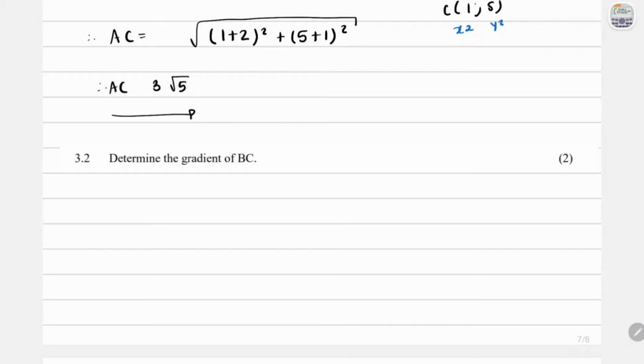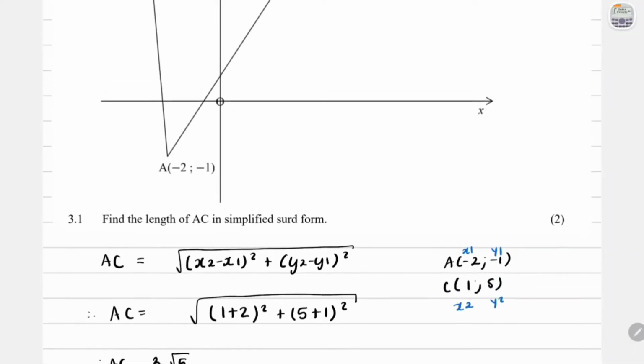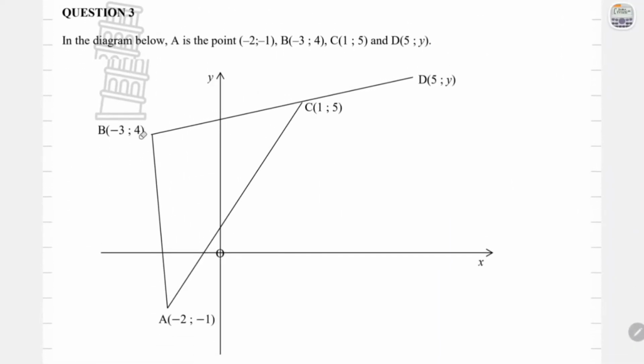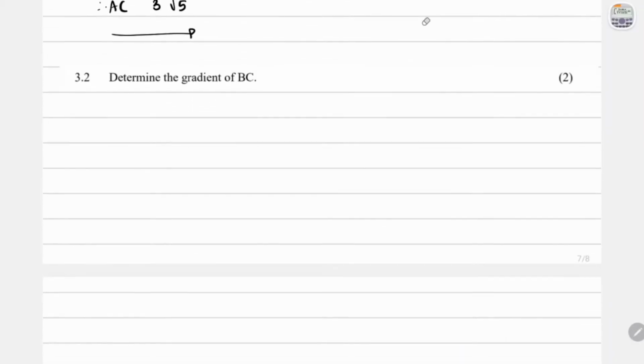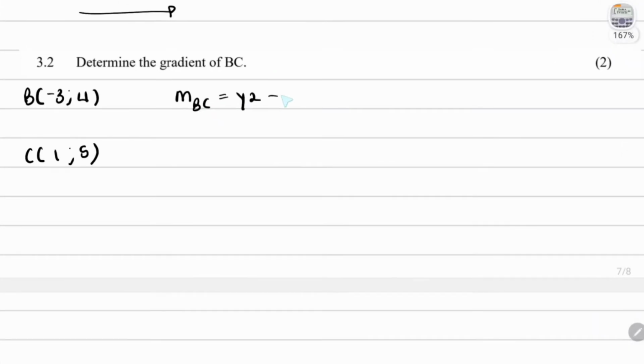The next question is to determine the gradient of BC. So BC is just B and C. We have the coordinates, so we can just put that down and then use the gradient formula on it. So we'll find the gradient of BC by saying y2 minus y1 over x2 minus x1. Okay, then we're just going to take y2.